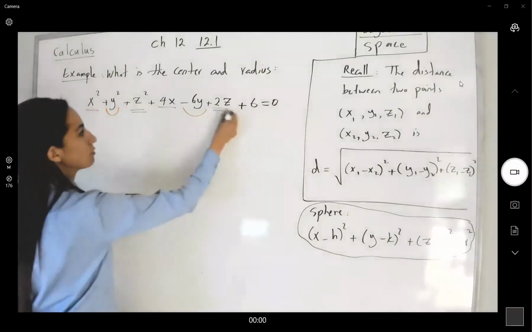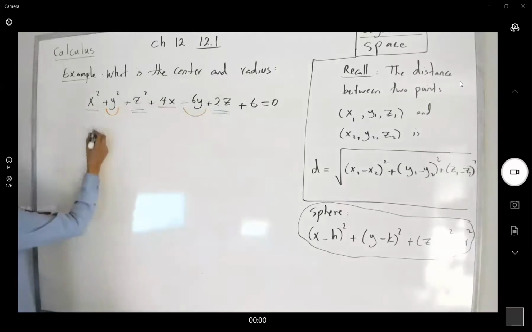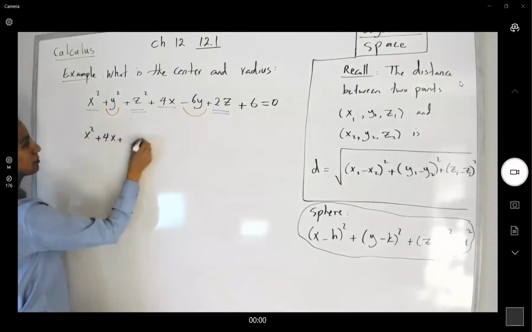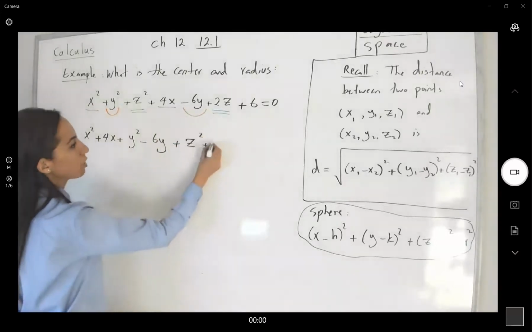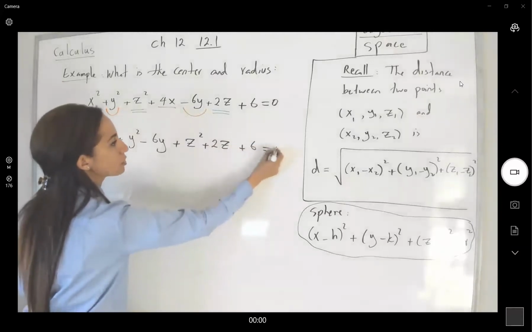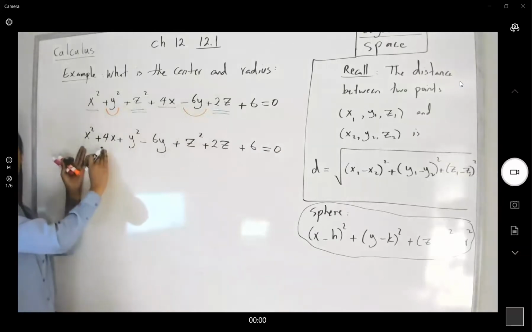We have x squared plus 4x plus y squared minus 6y plus z squared plus 2z plus 6 equal to 0. Okay. This is in expanded form.